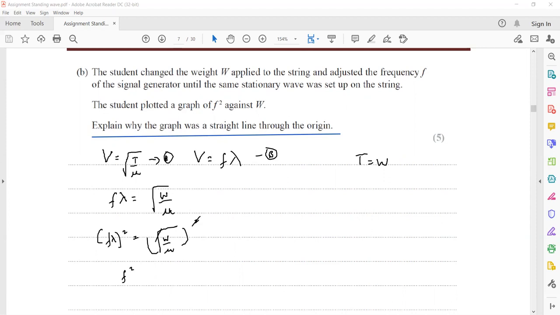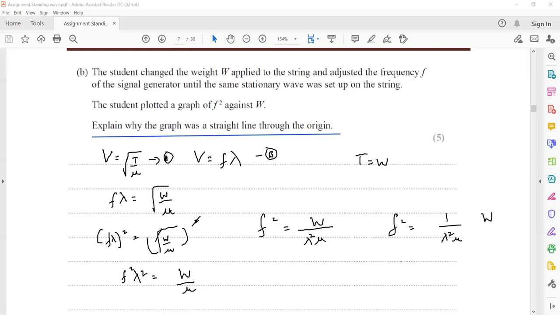So it will be f square lambda square is equals to weight divided by mu. Or we can say f square is equals to weight divided by lambda square and mu. And if we rearrange this equation, f square is equals to 1 divided by lambda square mu into W.